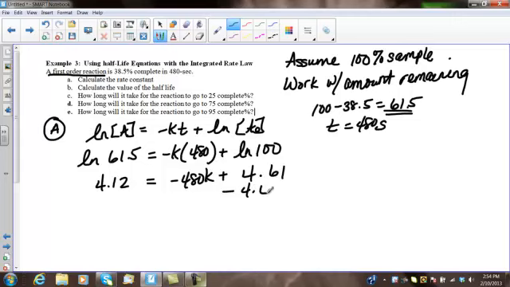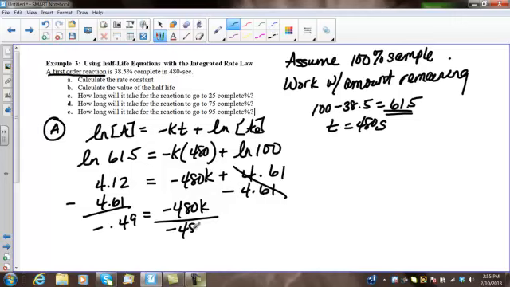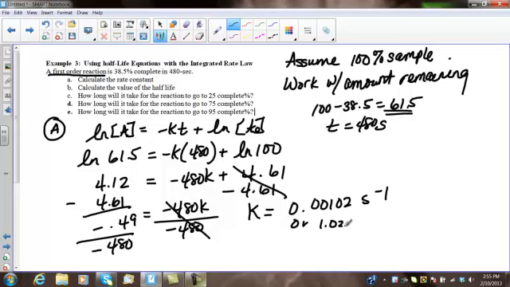I subtract 4.61 from both sides and I get negative 0.49 equals negative 480k. And I get k equal to 0.00102 seconds to the minus 1, or 1.02 times 10 to the minus third, however you want to write it.